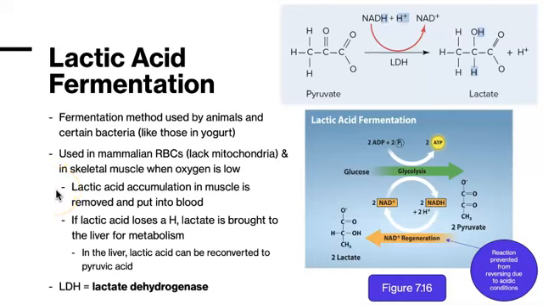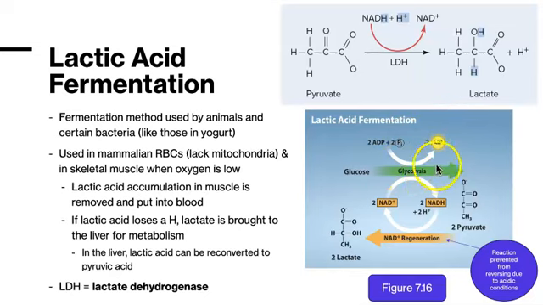And if our lactic acid loses the hydrogen ion, lactate then is going to be brought over to our liver for metabolism, where it can be reconverted to pyruvic acid. And you could see this process taking place over here.